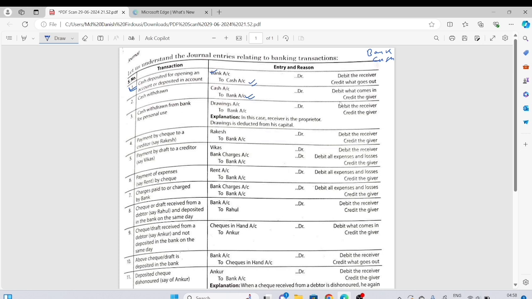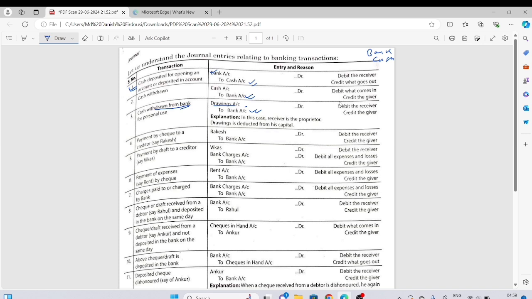So here, if you withdraw cash from the bank, then which account will be debit? Drawing account will be debit here. Bank will be as it is, credit side. Drawing account debit to bank account.